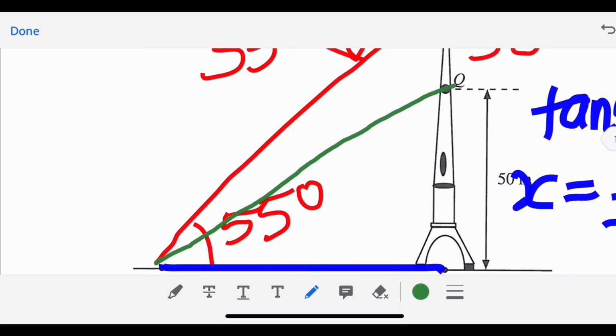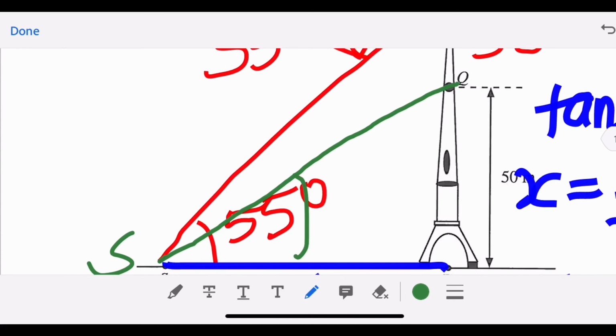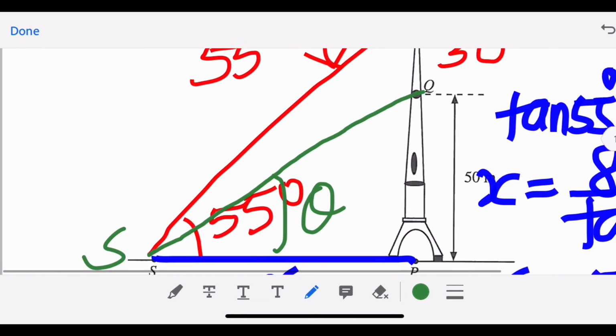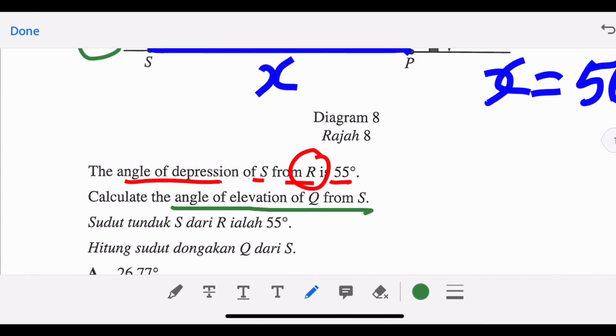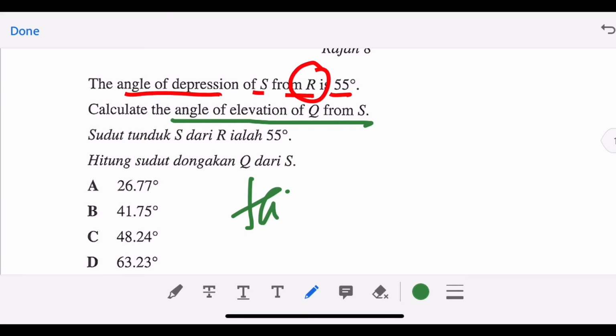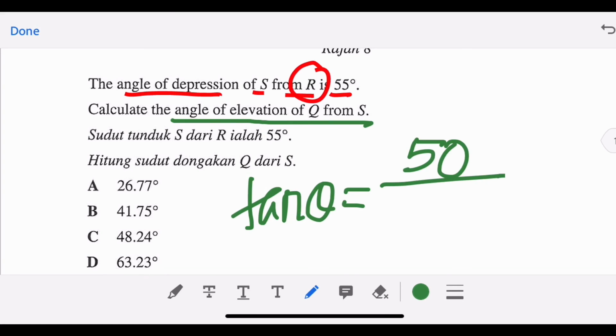So the line of sight in green color is looking up. The theta is the angle of elevation. Since I just got X, I just help you to find tangent theta is 50 over the length I just got. Then I shift tangent in order to get the angle of elevation.